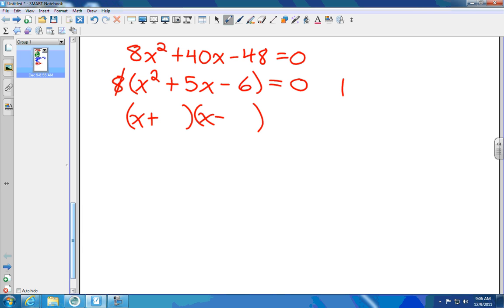What are they? 6 and 1. 6 minus 1 is 5. Our middle number, is it positive or negative? Positive. So our bigger number, which is 6, has to be positive. So where would that one cross? Negative 6 and 1.